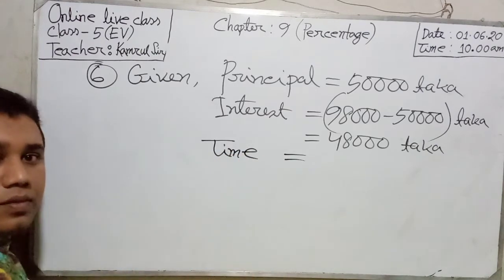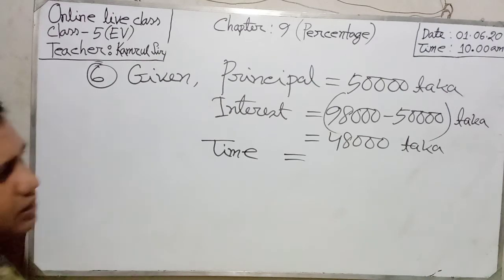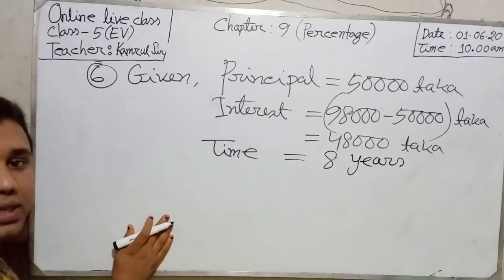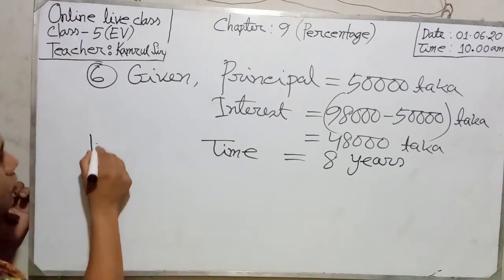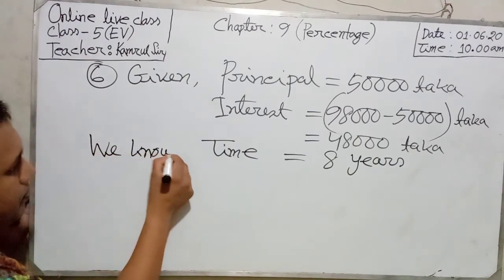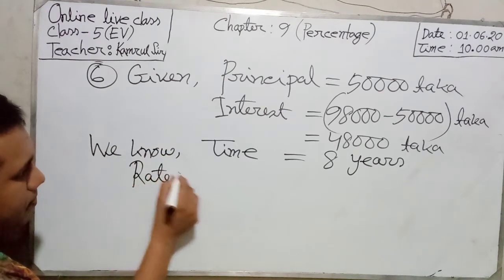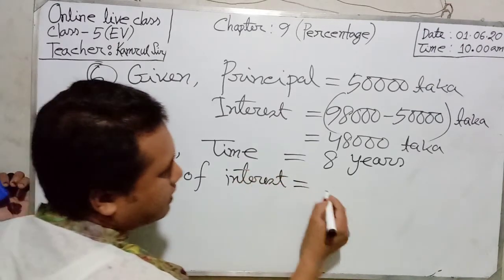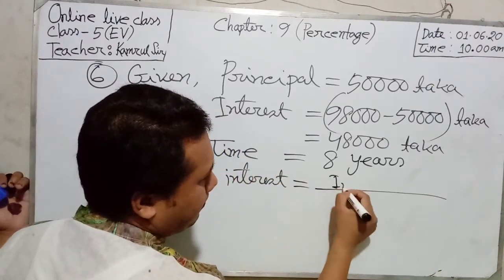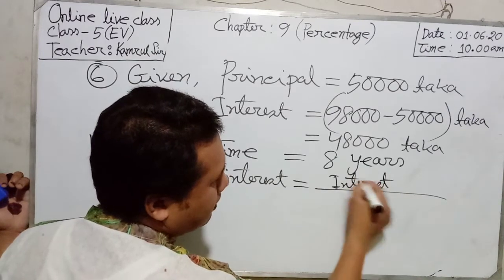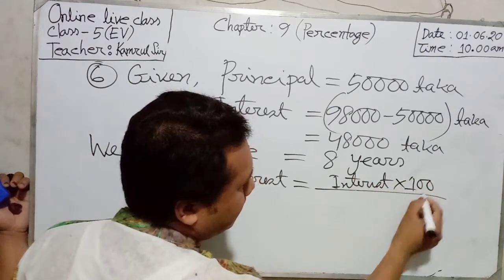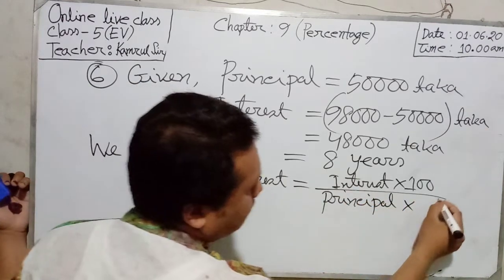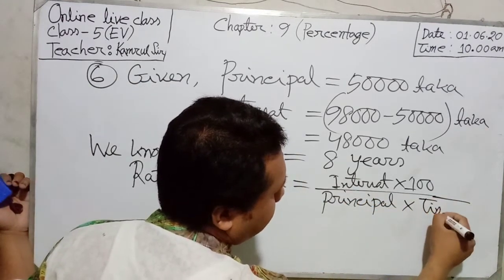And what is our time? 8 years. Now we have to find the rate of interest. So we know rate of interest equals interest into 100 divided by principal into time.